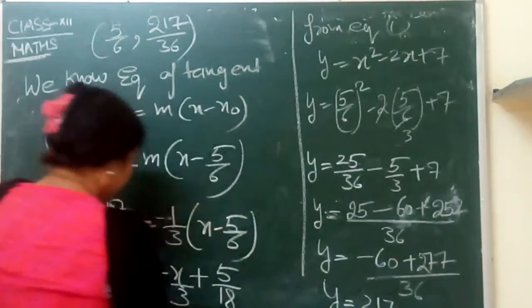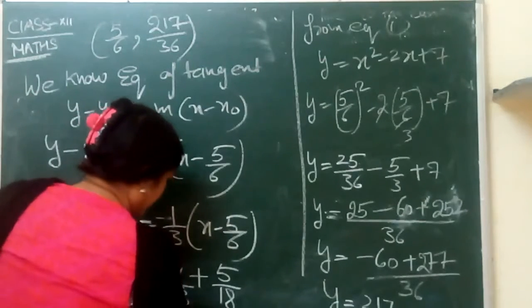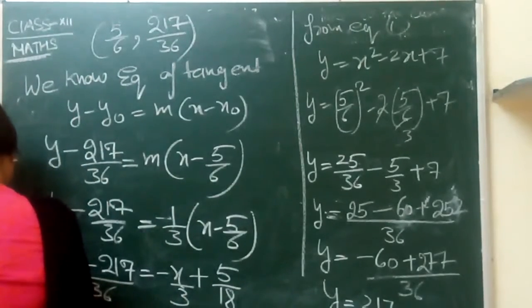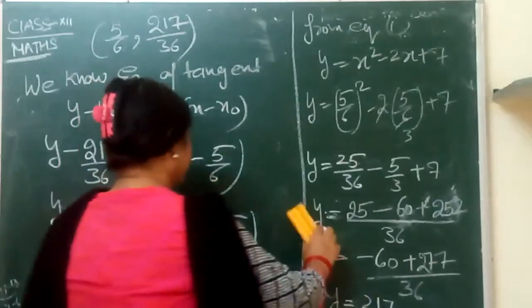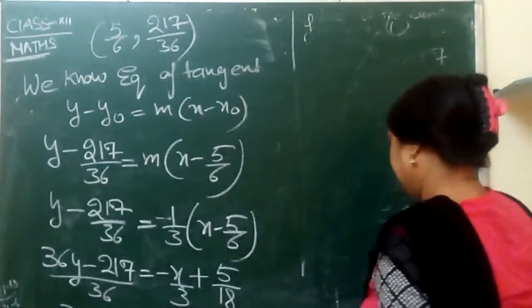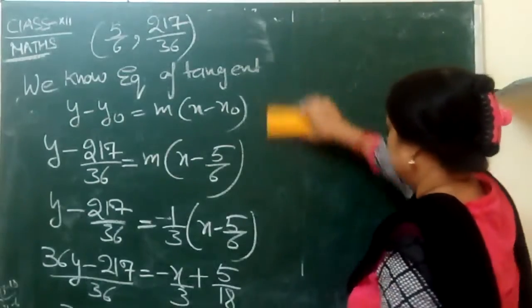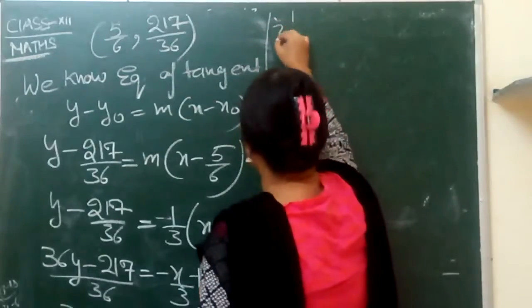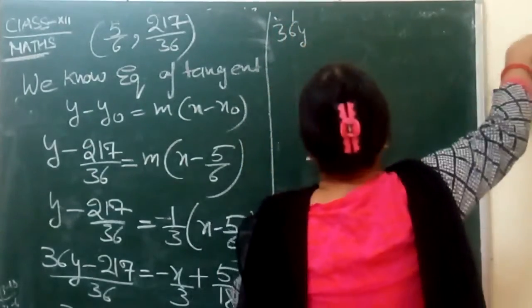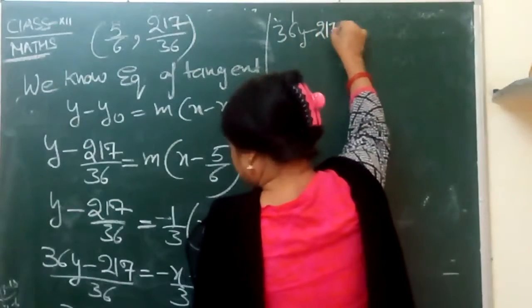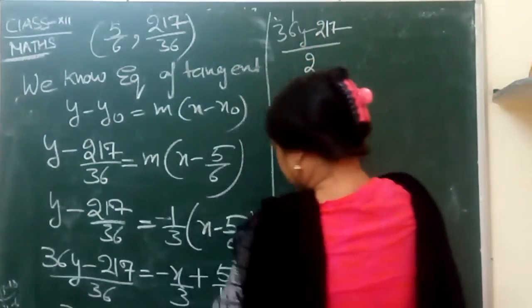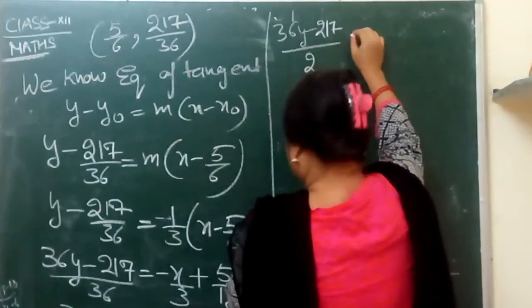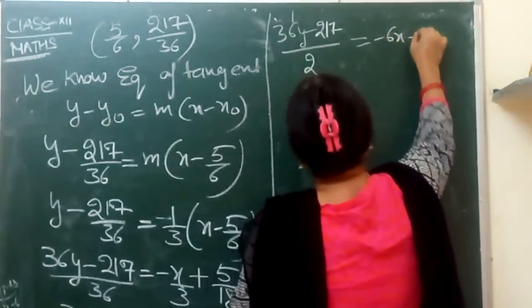Take LCM, so it will come minus 6x plus 5. After this, solve it. It will left 36y minus 217 upon 36 equal to minus 6x plus 5. Cancel this, so it will come 2 here.